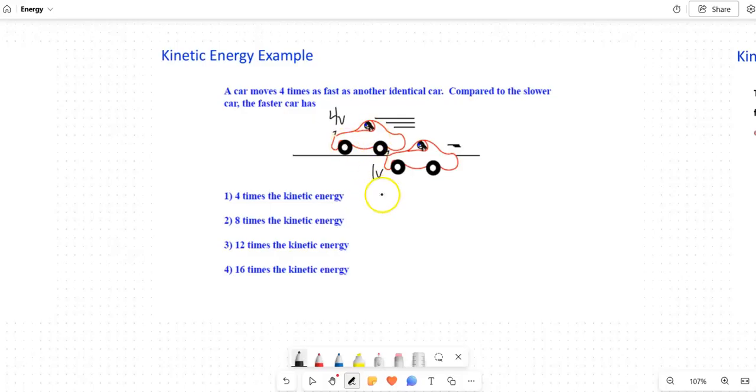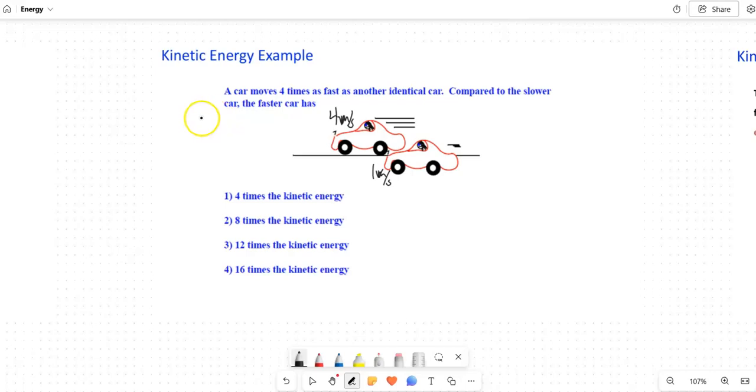Well, if we take a look at this top car, let's say the top car is moving at 4 meters per second, and this other car is moving at 1 meter per second. Both cars weigh the same, and let's say they are 1,000 kilograms.